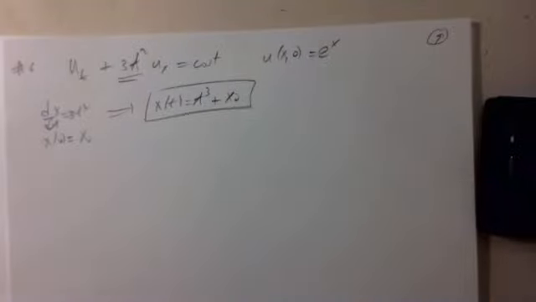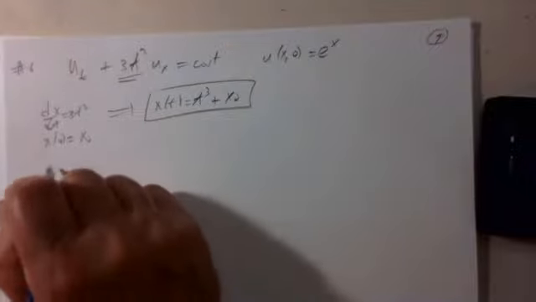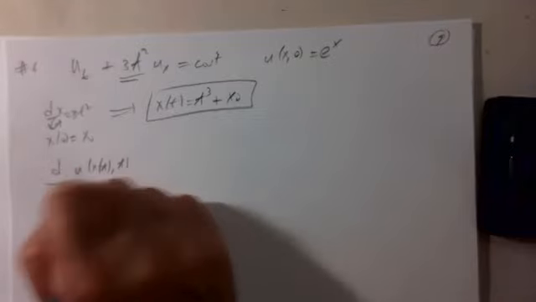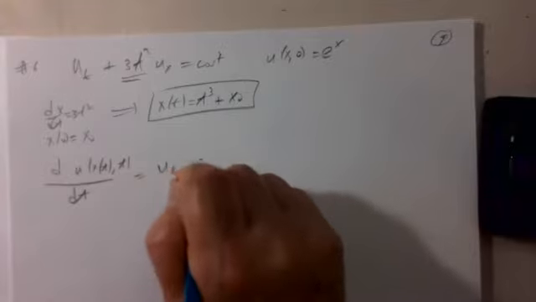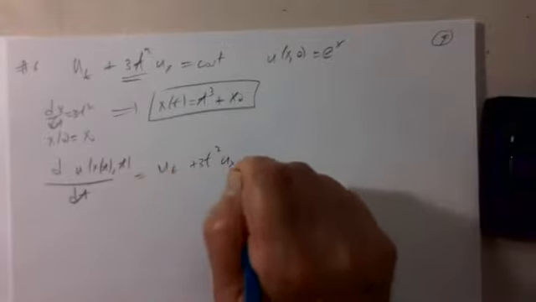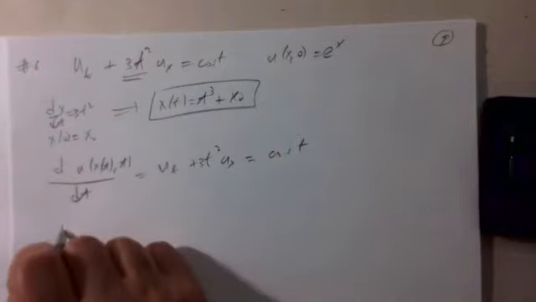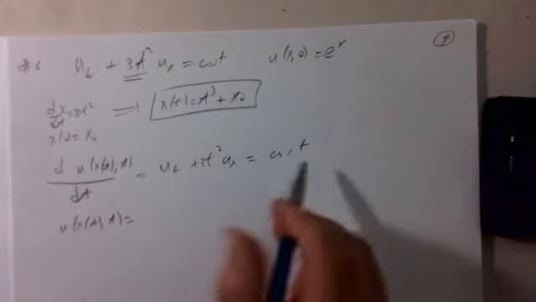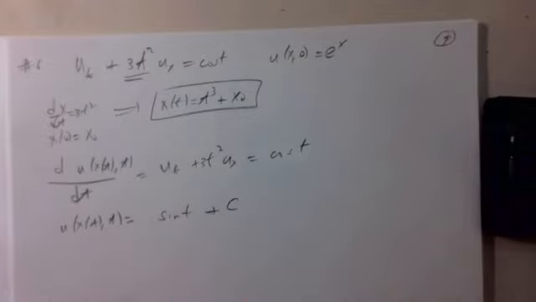So x of t is t cubed plus x naught. And the derivative of u of x of t comma t with respect to t is u sub t plus 3t squared u sub x, which is cosine t. So u of x of t comma t, when I integrate that, I get sine t plus a constant.